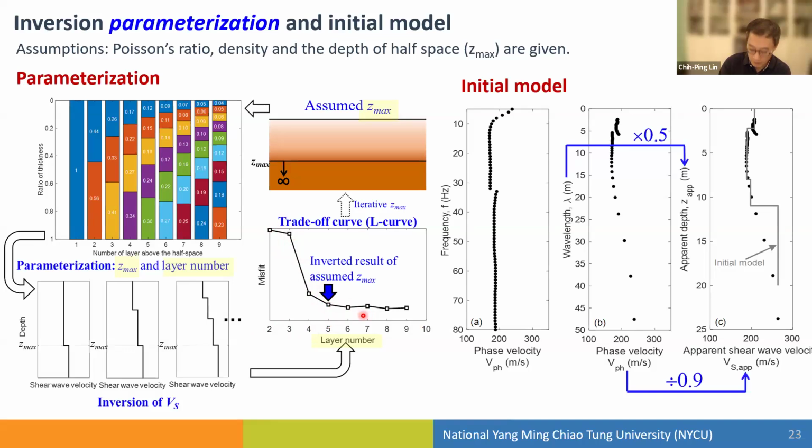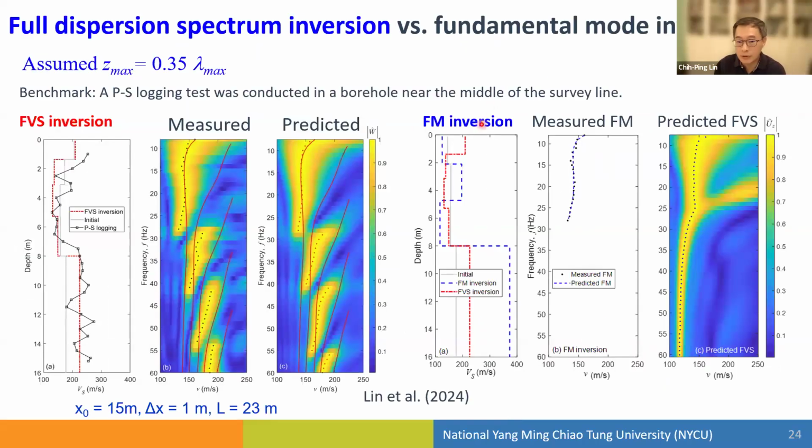Normally we consider the maximum depth of investigation to be about one third of the maximum wavelength. With this assumption, and assuming different layer numbers while considering the principle of parsimony, in this case we find 1, 2, 3, 4, 5, a five-layer model. The five layers already fit the dispersion spectrum very well.